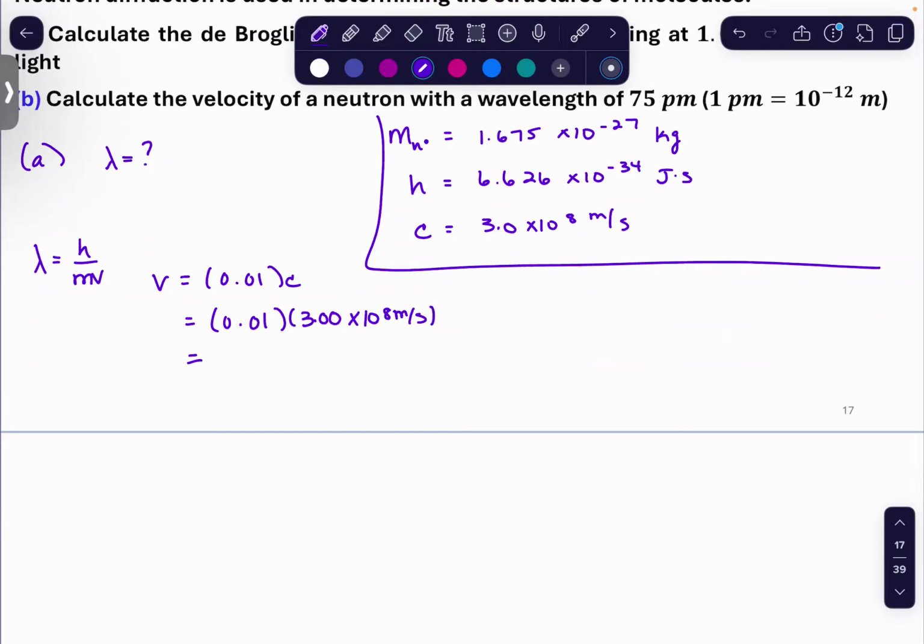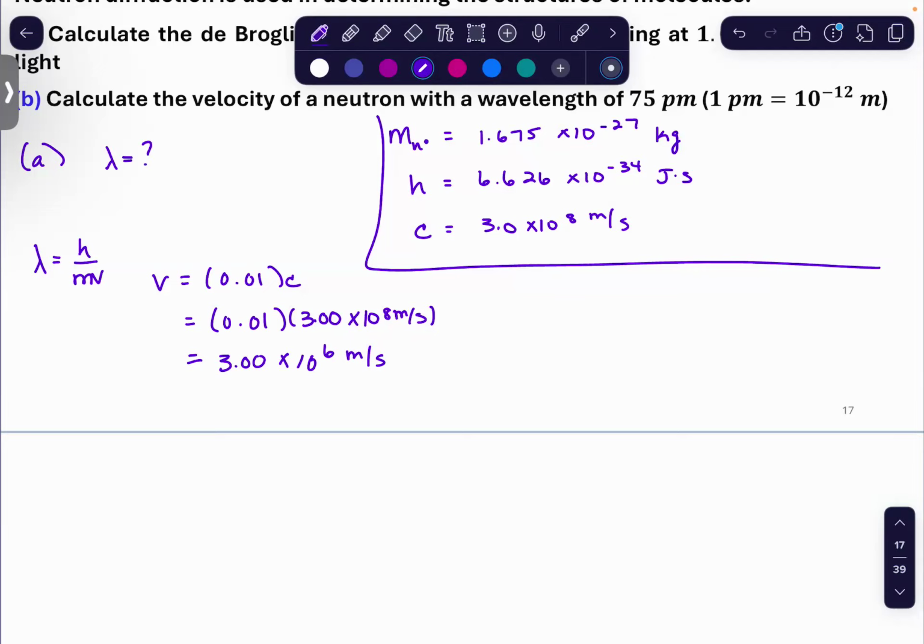So even 1% the speed of light is still 3.00 times 10 to the sixth meters per second, or you could say 3.0 megameters per second. It's still quite fast.